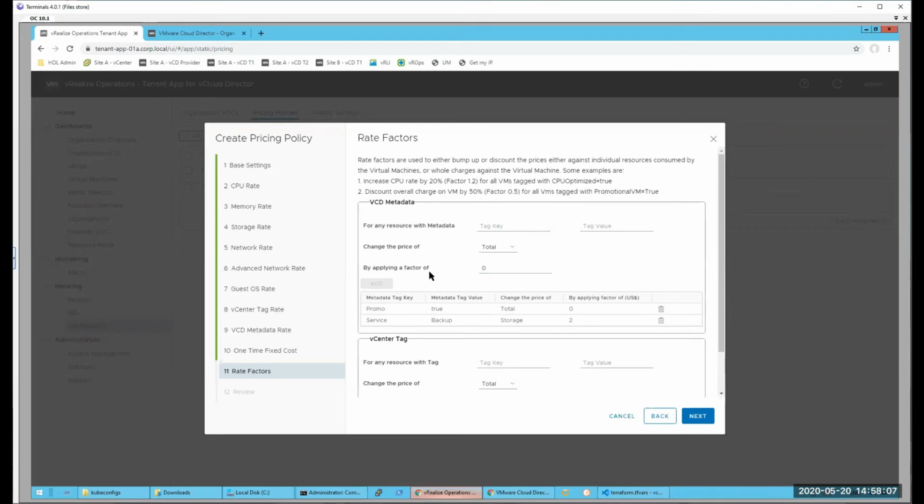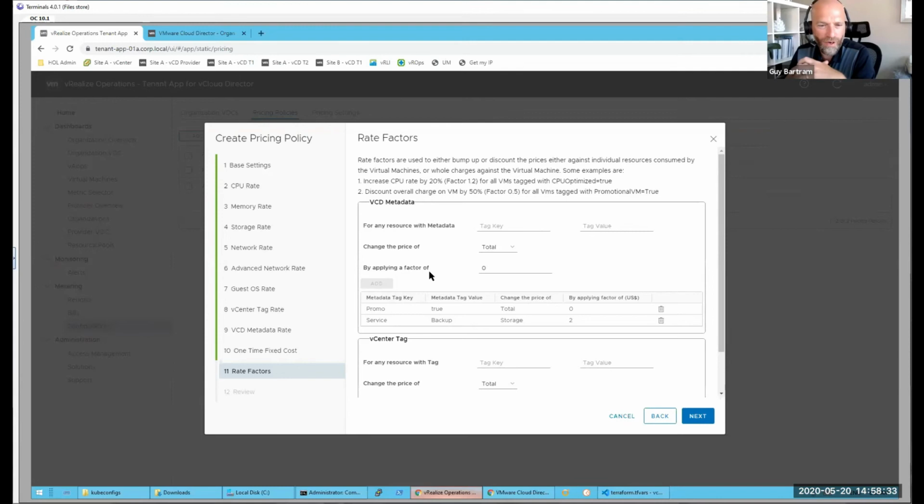That would be an example where you double the storage cost for all VMs that have backup enabled. So you could use it in several different ways, where you do not want to create whole new pricing policies altogether, and just want to give a 50% discount or a 20% premium. Those are the sort of use cases that you can use this for.